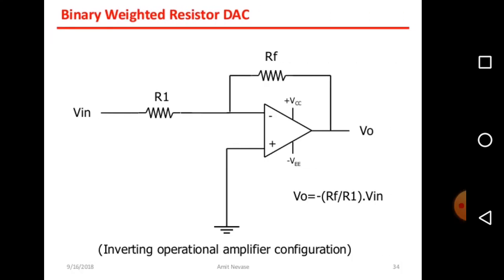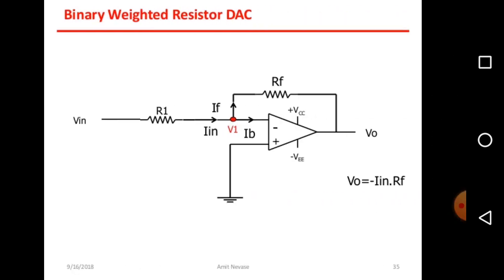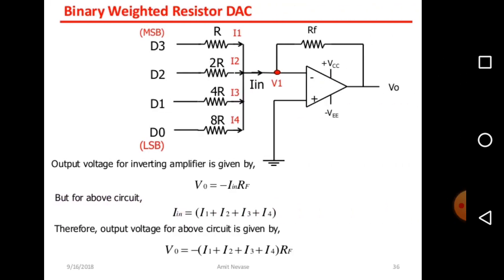In this you can see how Vin is connected to the op-amp. In this also the digital input is processing. You can go through the slide, you will get it easily. So the simplification of this binary weighted register is here.